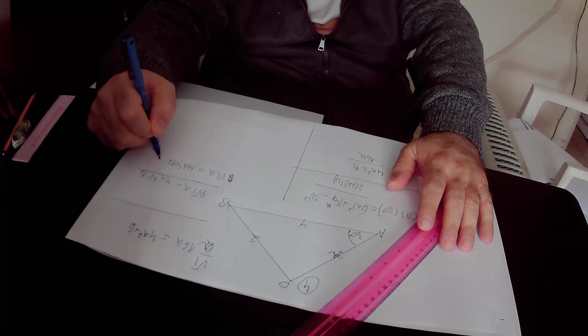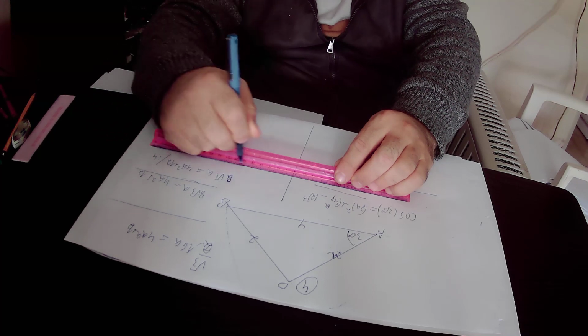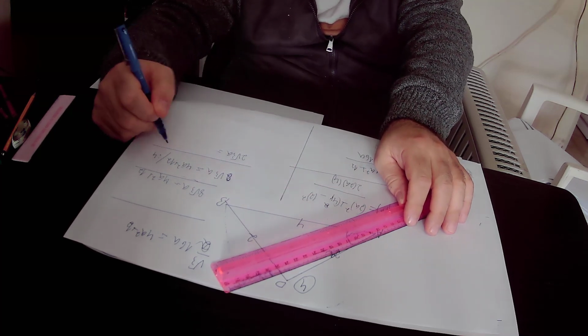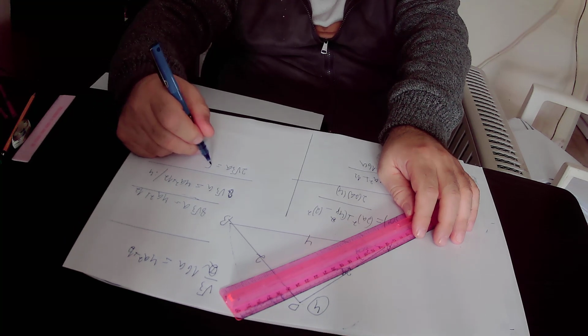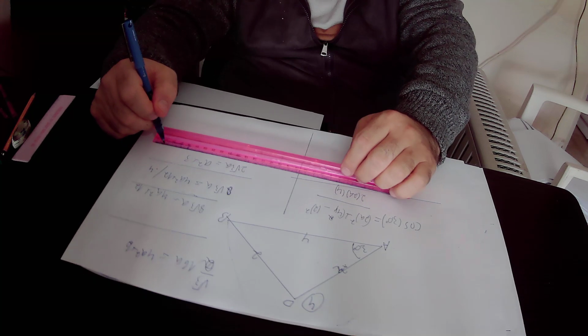Dividing by 4, 8 over 4 is 2, so it is 2 times square root of 3a equals 4 over 4 is 1, so we will have a squared plus 12 over 4 is 3.